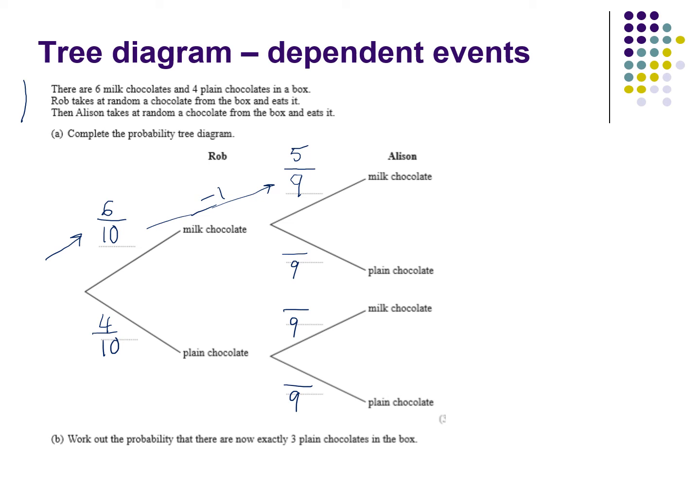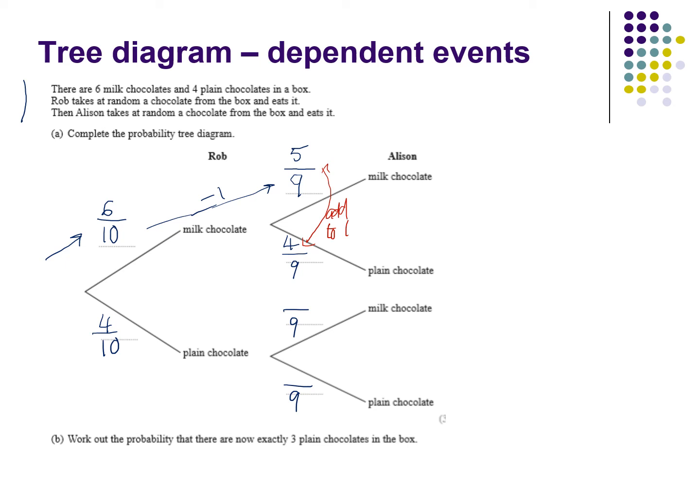Plain chocolate. Now you can either think about how many plain chocolates there are. Well, he's not eaten any of them, so there's still 4 left. Also, you can double check these 2 probabilities here, remember, because that's both branches there, they should add to 1. Okay, so always do a double check that you've not done anything wrong.